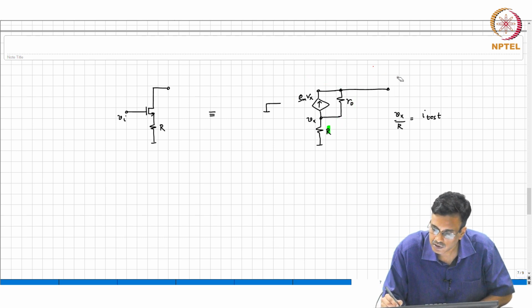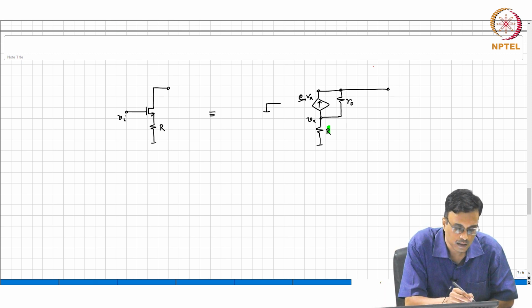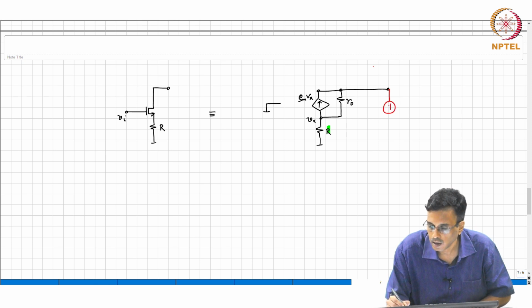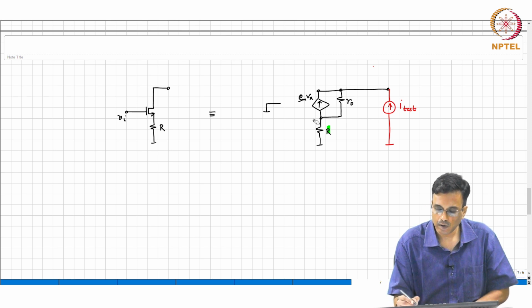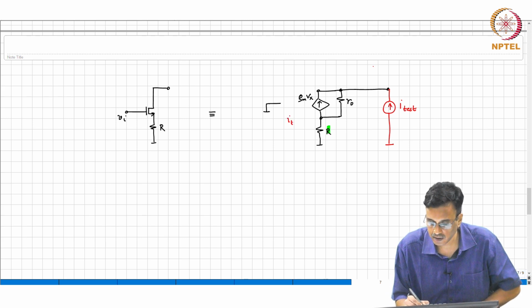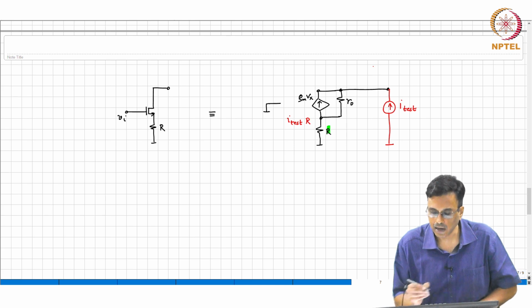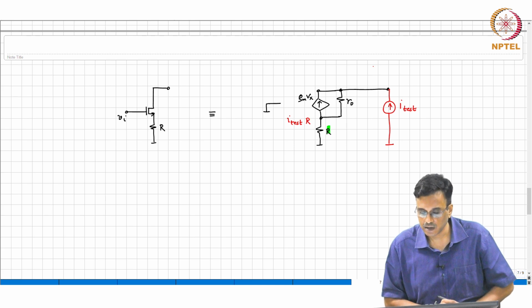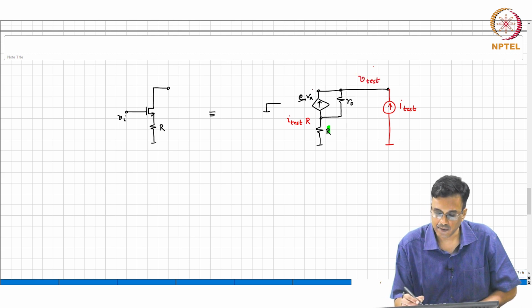So, that is what we will do. We will push I test. So, what is the voltage Vx? Well, what is the current flowing through R? I test. So, the voltage Vx is I test times R. So, what is the output voltage V test? Gm Vx is nothing but Gm times R times I test.